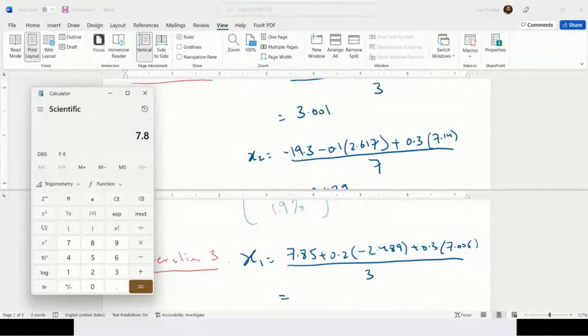So 7.85 plus 0.1 into minus 2.489, plus 0.3 into 7.006, divided by 3. So I get 3.151.